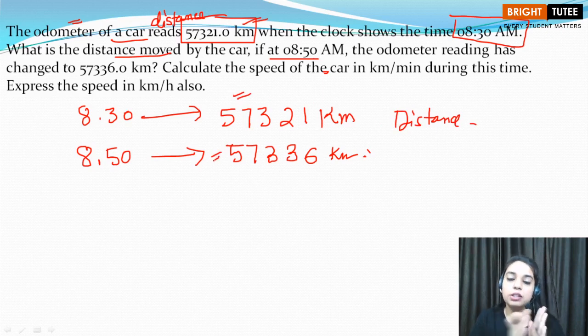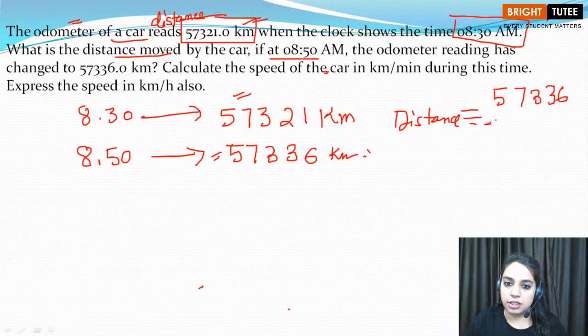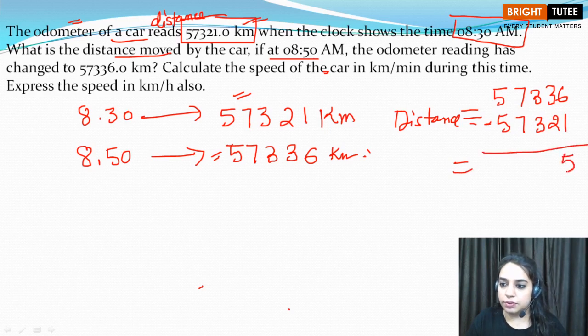Because the reading in the odometer is increasing as the vehicle is traveling. So you subtract the initial reading from the final reading, that is 57336 minus 57321. So the distance traveled will be equal to 15 kilometers. Okay, so the distance traveled is 15 kilometers.